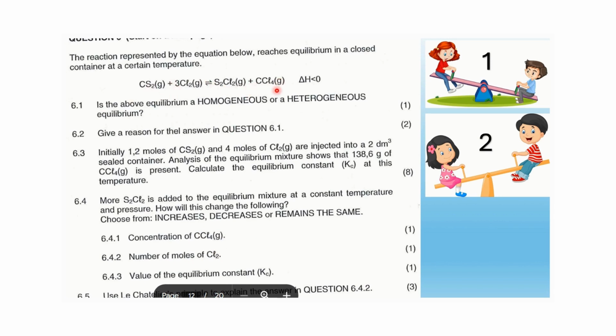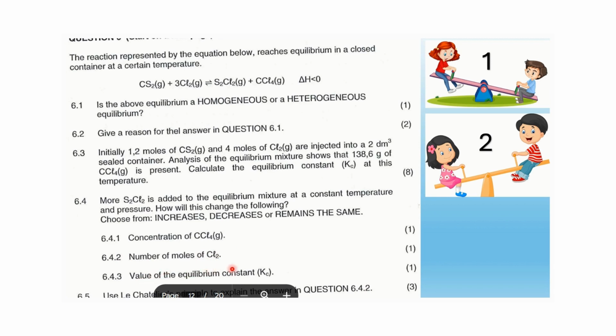Cl2 is on the reactant, meaning that whatever is on the reactant, as far as seesaw disturbance number 1 is concerned, must increase. Same applies to 6.4.2: the number of moles of Cl2 must increase.